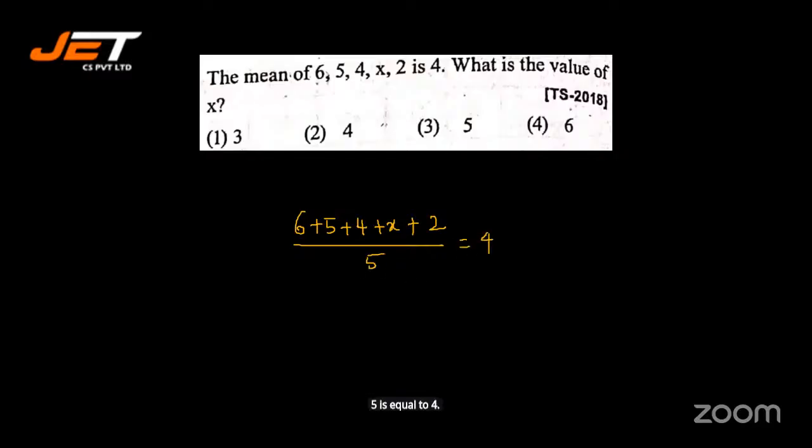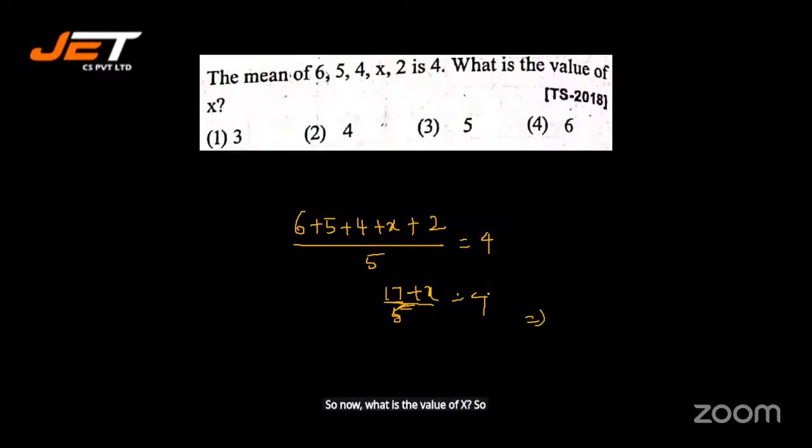So 4 plus 2 is 6, 6 plus 6 is 12, 12 plus 5, 17. 17 plus x by 5 is 4. All right, so this by 5 is common. So now what is the value of x?